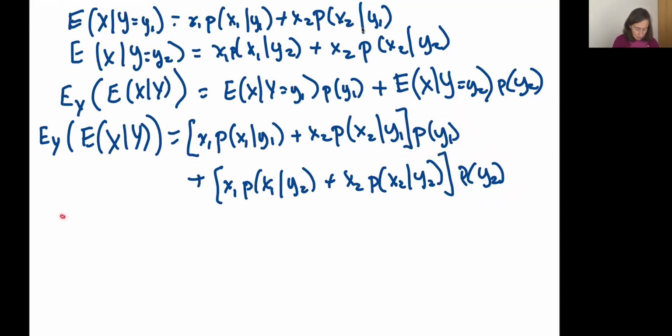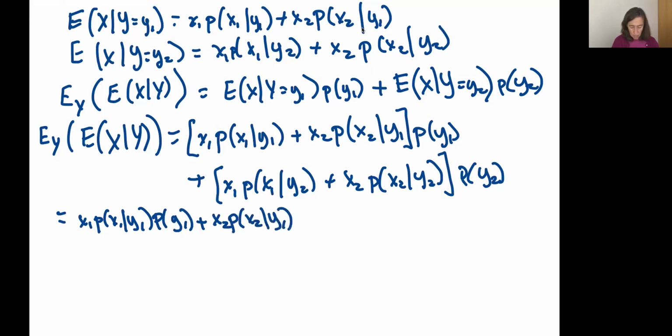So what this equals is x1 times the probability of x1 conditional on y1 times the probability of y1 plus x2 times the probability of x2 conditional on y1 times the probability of y1.